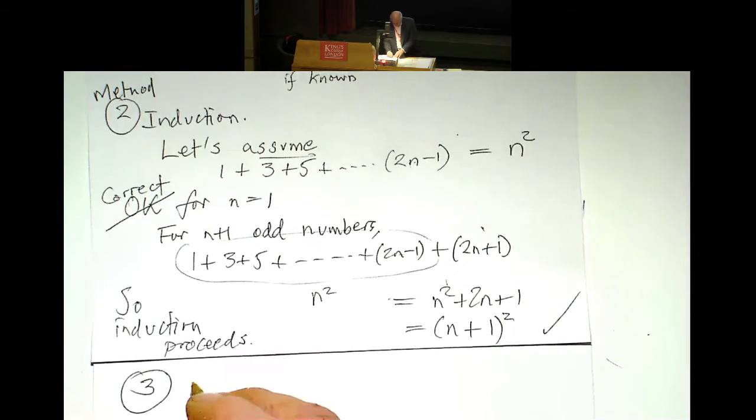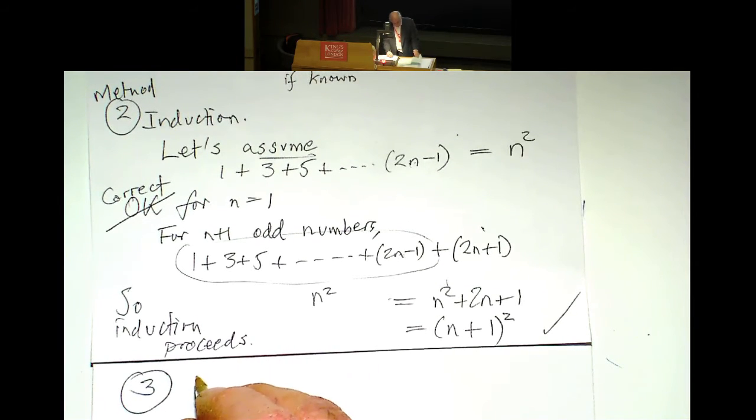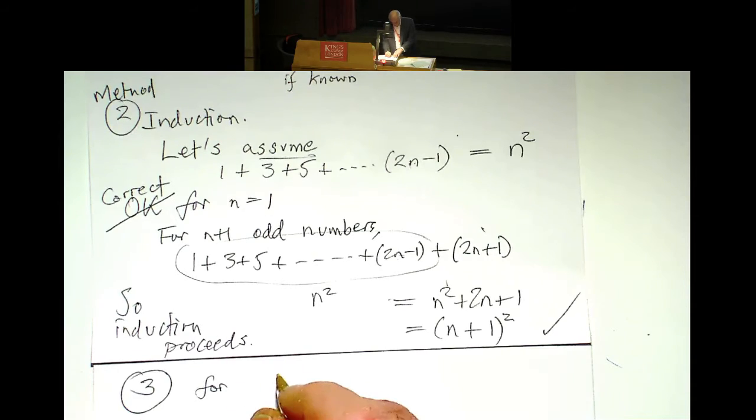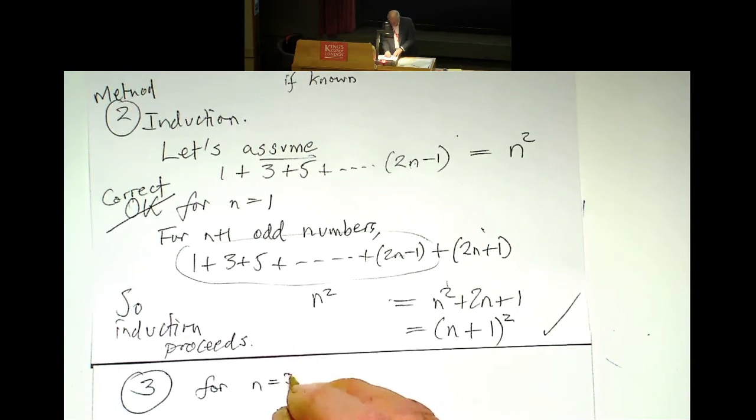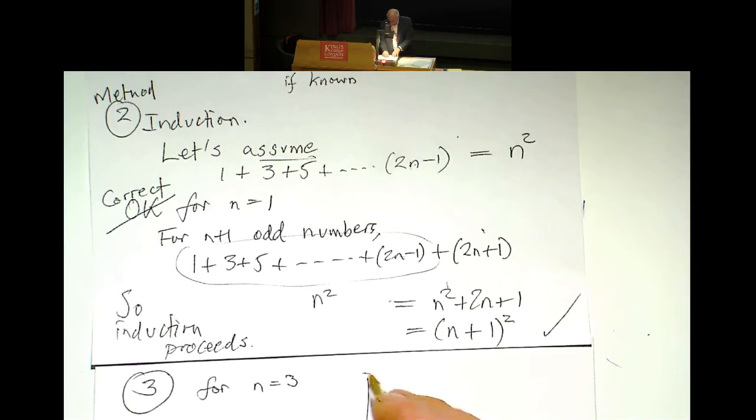And I'll illustrate it for n equal to 3. Well, the first 3 odd numbers. I'm just going to draw this picture of a square divided into 3 and divided into 9.